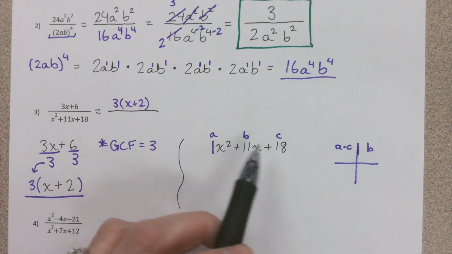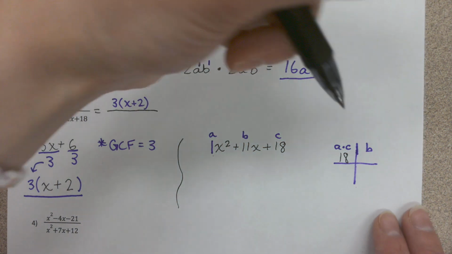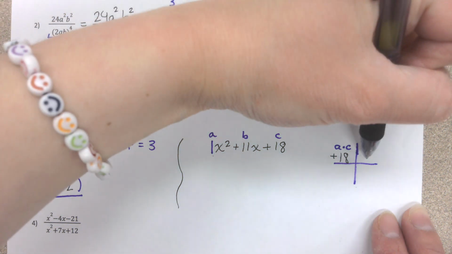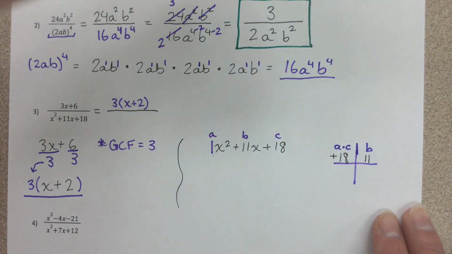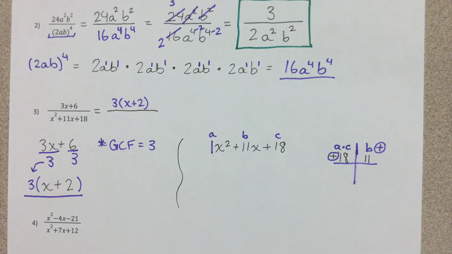A times C, 1 times 18, that's 18, and that 18 is positive. B is in the middle, it's 11. Since 18 is positive, we're adding to get that 11. So we're multiplying on the left and adding on the right, the numbers that we find.